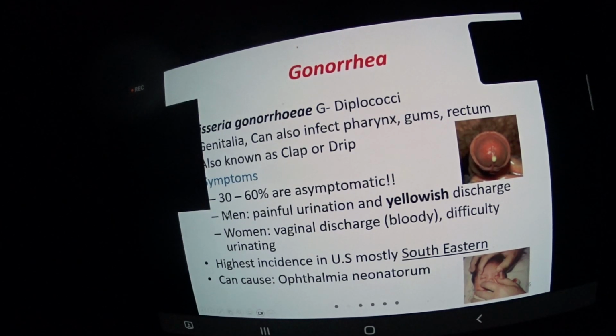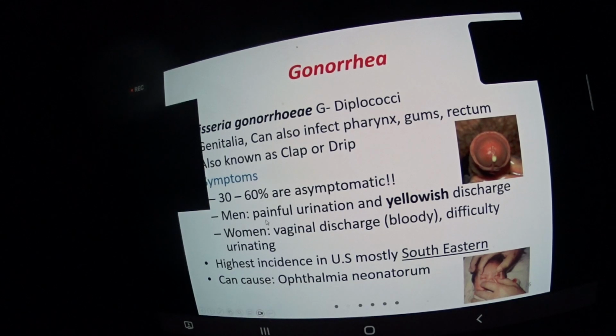Symptoms. One of the reasons it can be passed on easily, and it's one of the predominant ones in the United States, is because 30 to 60% of individuals, both males and females, can be asymptomatic and not have symptoms for a long, long time.